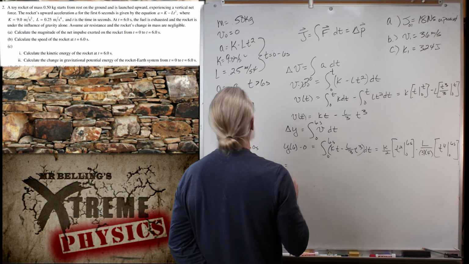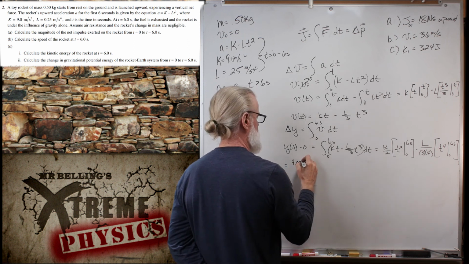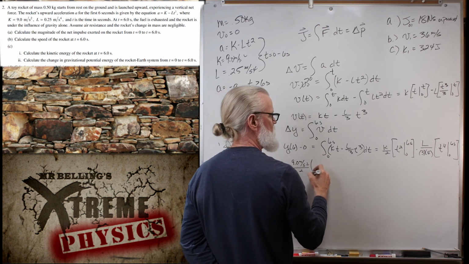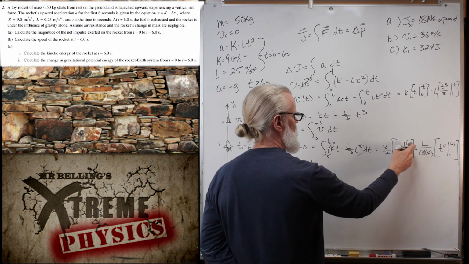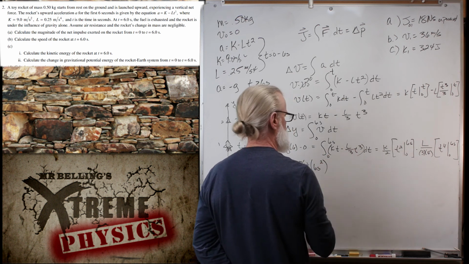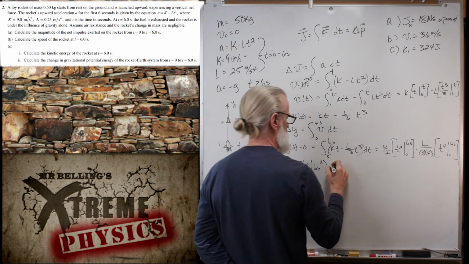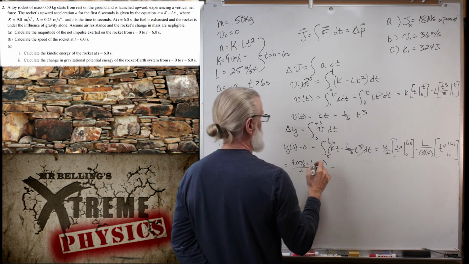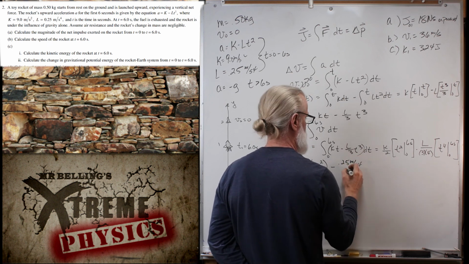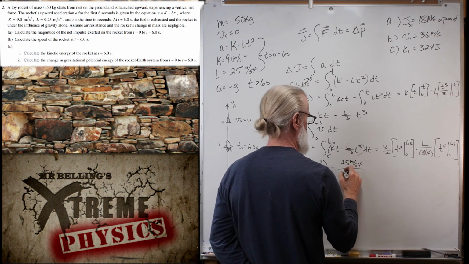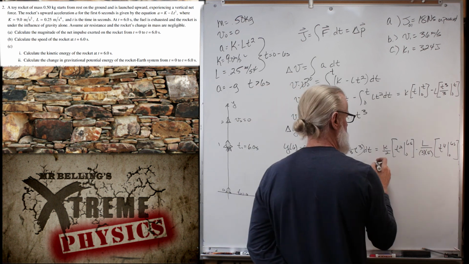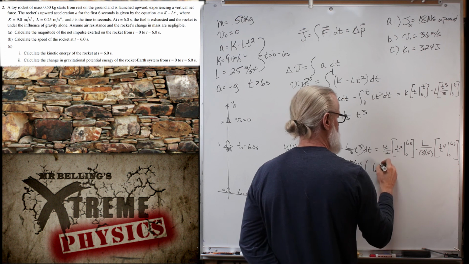k is 9 meters per second squared divided by 2, times 6 seconds squared, minus L, which is 0.25 meters per second to the 4th, divided by 3 times 4, and those are just pure numbers, times 6 seconds to the 4th.